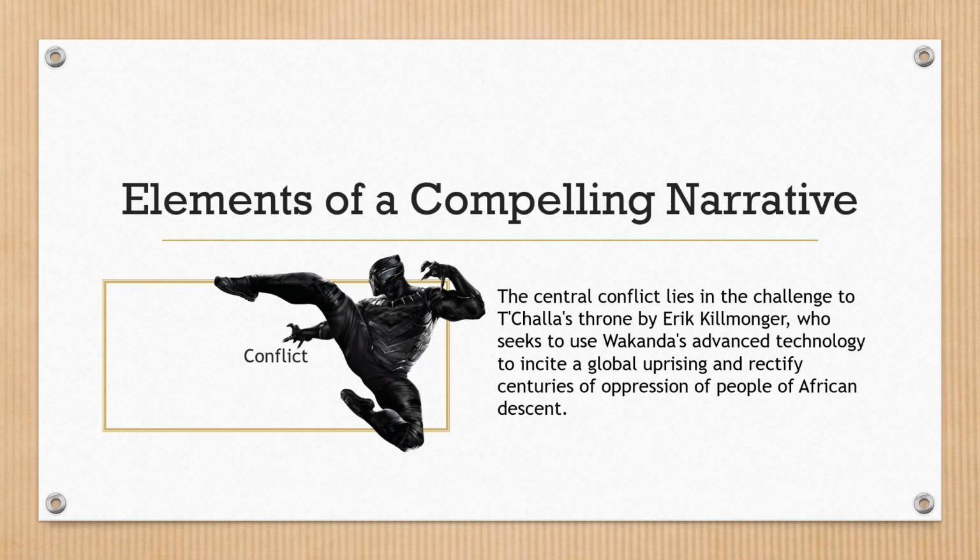And this wouldn't be much of a story if there wasn't some conflict. And the central conflict lies in the challenge to T'Challa's throne by Eric, who seeks to use these technological advancements to incite a global uprising and rectify centuries of oppression of people of African descent. Sounds good on paper, but there were some poor choices along with that.